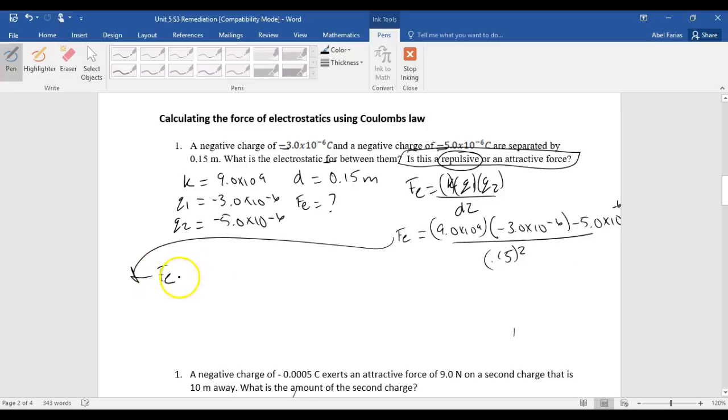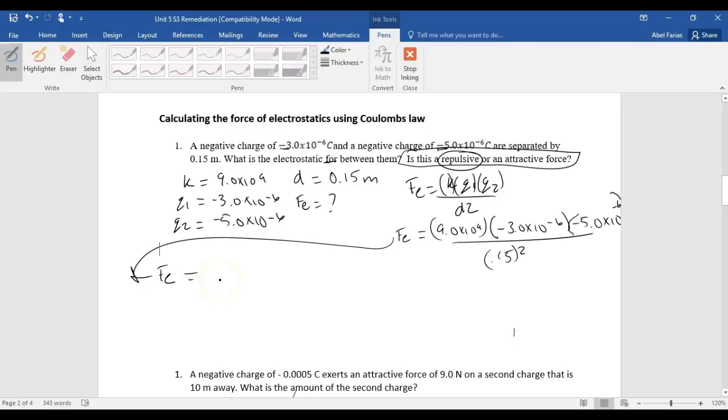So Fe, if we multiply the top, again, type it in as you see it in the calculator. So parentheses 9.0 times 10, caret 9, close parentheses, open parentheses, negative 3.0 times 10 to the negative 6, close parentheses, open parentheses, and then at the end you'll also have an open parentheses there.